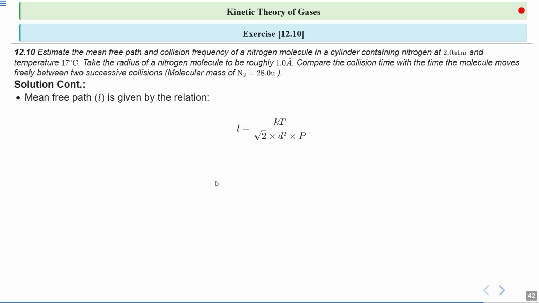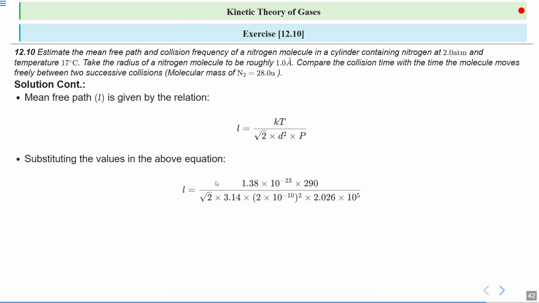So substituting the values in the above equation, it will be 1.38 into 10 raised to the power minus 23 into 290 divided by root 2 into 3.14 into 2 into 10 raised to the power minus 10 whole square into 2.026 into 10 raised to the power 5. So solving this, you will get 1.11 into 10 raised to the power minus 7 meter.